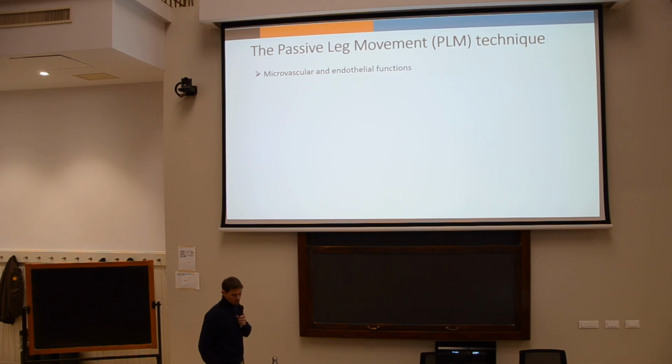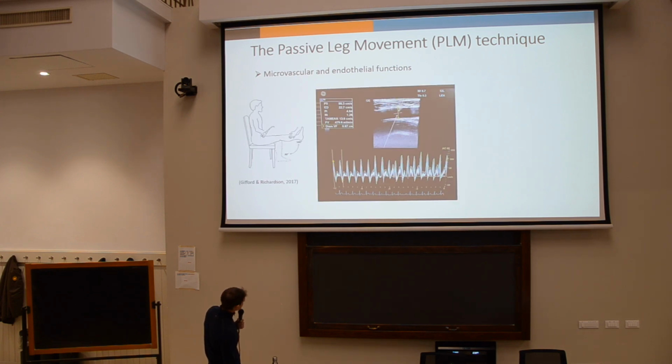The passive leg movement technique has been identified in recent years as a non-invasive tool for the evaluation of microvascular and endothelial function. This technique consists of evaluating the blood flow response in the common femoral artery by echodoppler during 1 minute of passive knee extension.